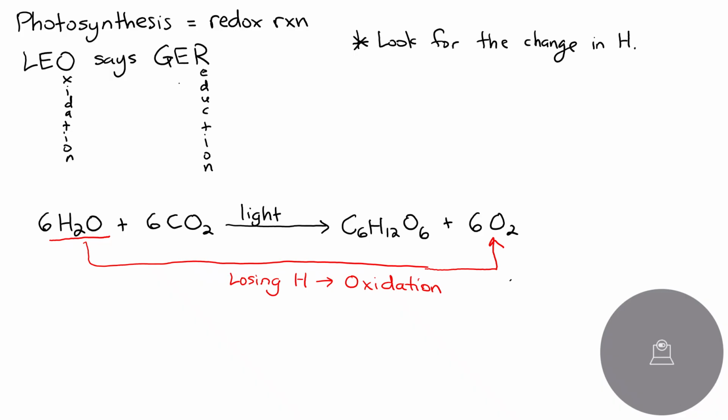Now, we have CO2 over here. CO2 looks like it didn't have the H, and then it got the H after. And so we're gaining H, which results in the reduction.